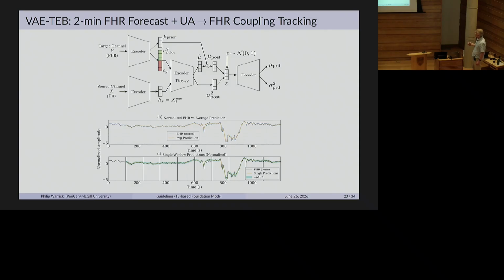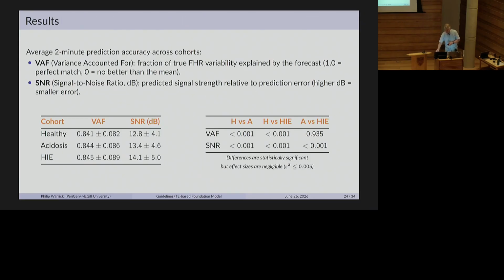And you see that the decelerations, and especially the deep decels, are very well predicted. Interestingly, the variability shows up as a standard deviation or an uncertainty within really tight bounds of the peak-to-peak range of the short-term variability.